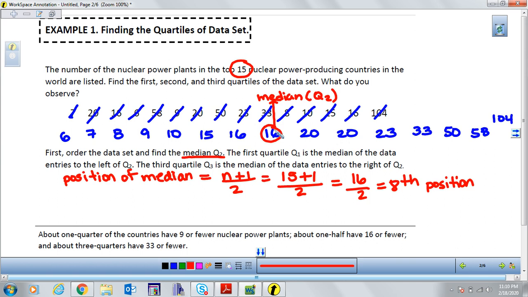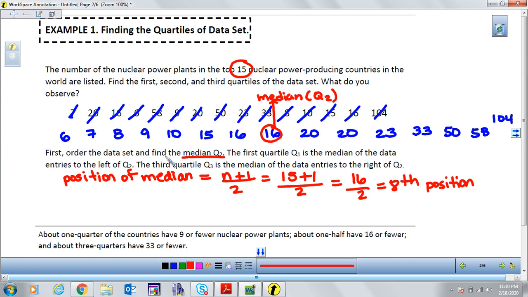You're dividing by the very center of this group of values so that the left-hand side and the right-hand side contain the same amount of values. Neither side should have more than the other one, because that means we didn't really find the median, the second quartile. It has to divide my group into the same number of values to the left-hand side as to the right-hand side of the second quartile.